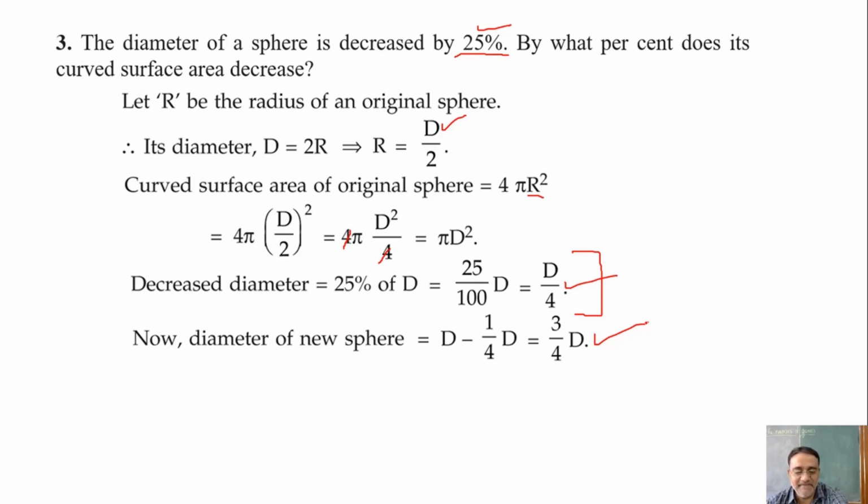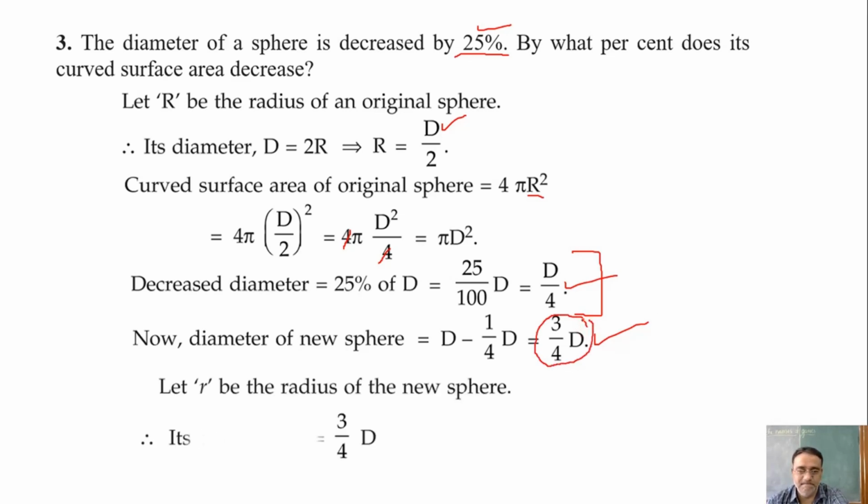Same formula use करेंगे. D कितना हो जाएगा? Diameter कितना हो जाएगा? This is the diameter, and let this is equals to 2 small r. So r will be 3 by 8 d. This is the radius, new radius.